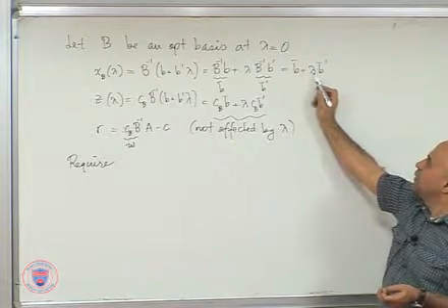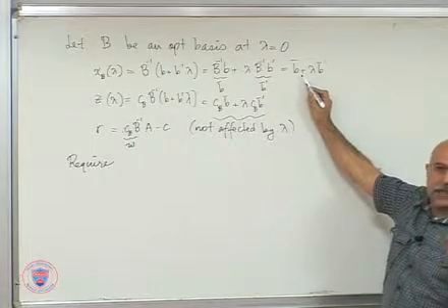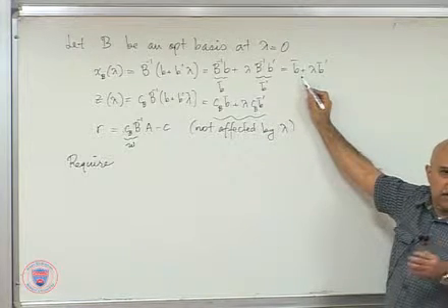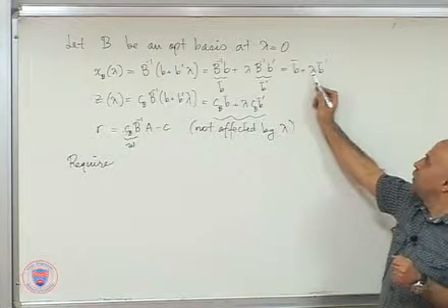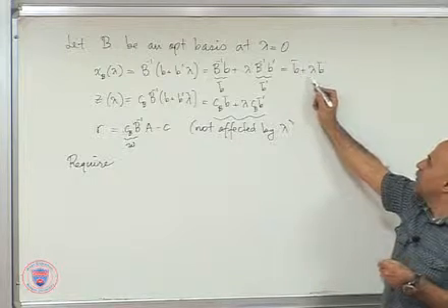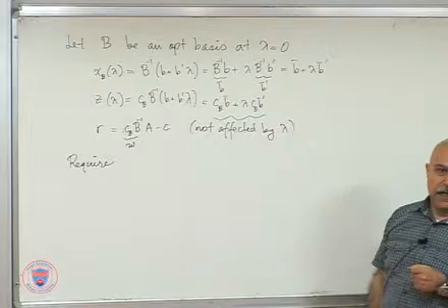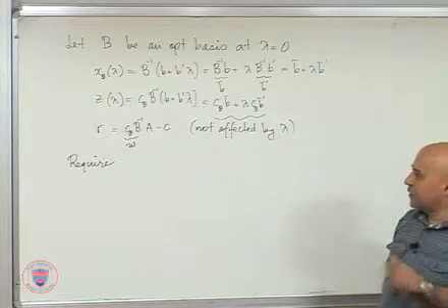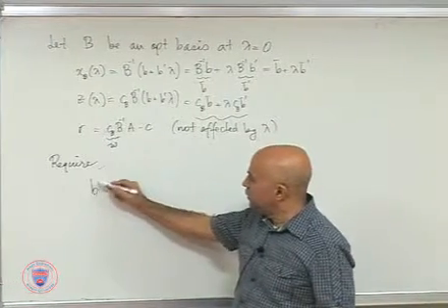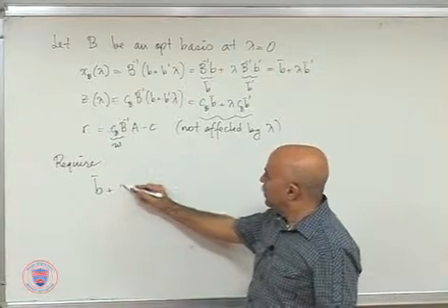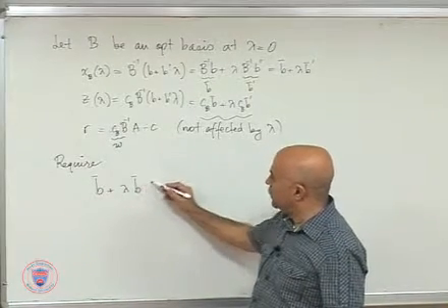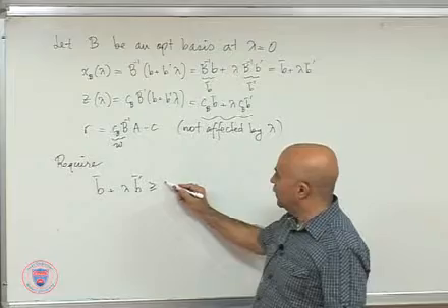But non-negativity at lambda equals 0 is satisfied because we know B is an optimal basis. But when lambda starts increasing, things may lose non-negativity, some of the components. So we require this solution vector to remain non-negative.